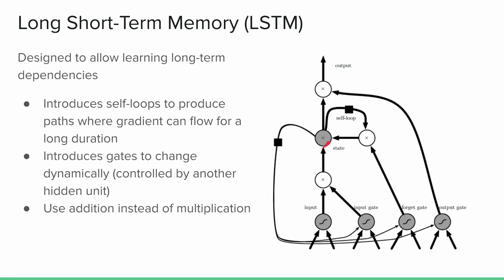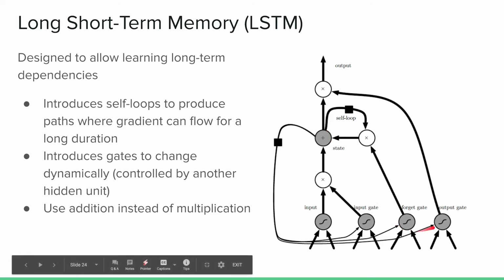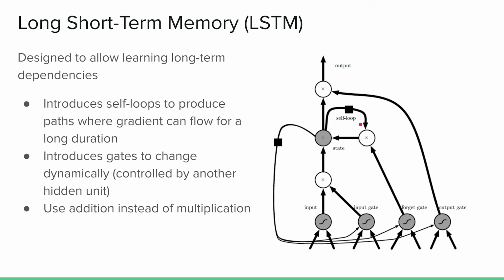We have our state here that is being added to, and we have two more gates that are also controlled by the previous state and by potentially other inputs, which is the forget gate, which says, okay, how much of that self loop that I'm getting here should I feed back into my state?